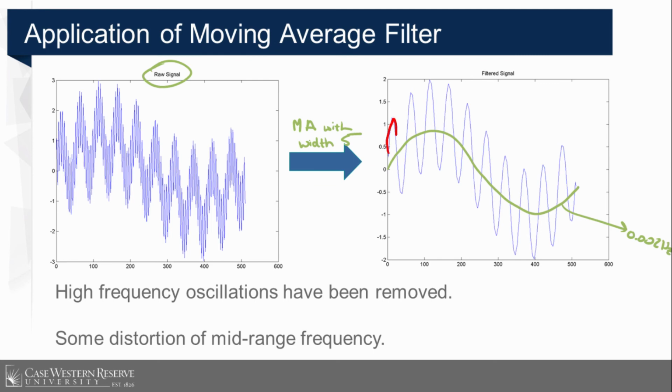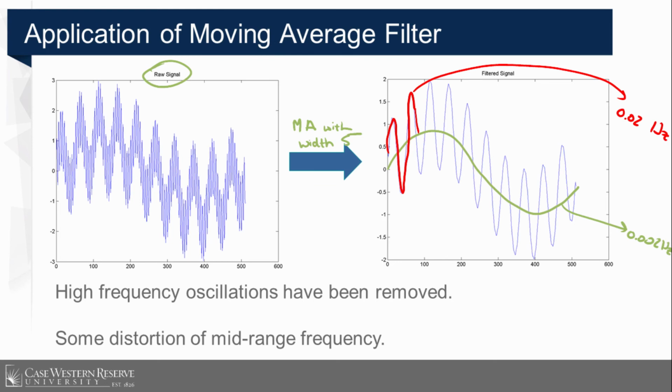We also see this slightly higher frequency component here, which I'm just drawing part of in red. So this is our 0.02 hertz component. We see that it might be distorted a little bit because we've attenuated it somewhat. We're not letting it pass through quite as easily as the very, very low frequency portion of the signal, but we've mostly retained it. All right, so indeed, our filter is acting as we expect.